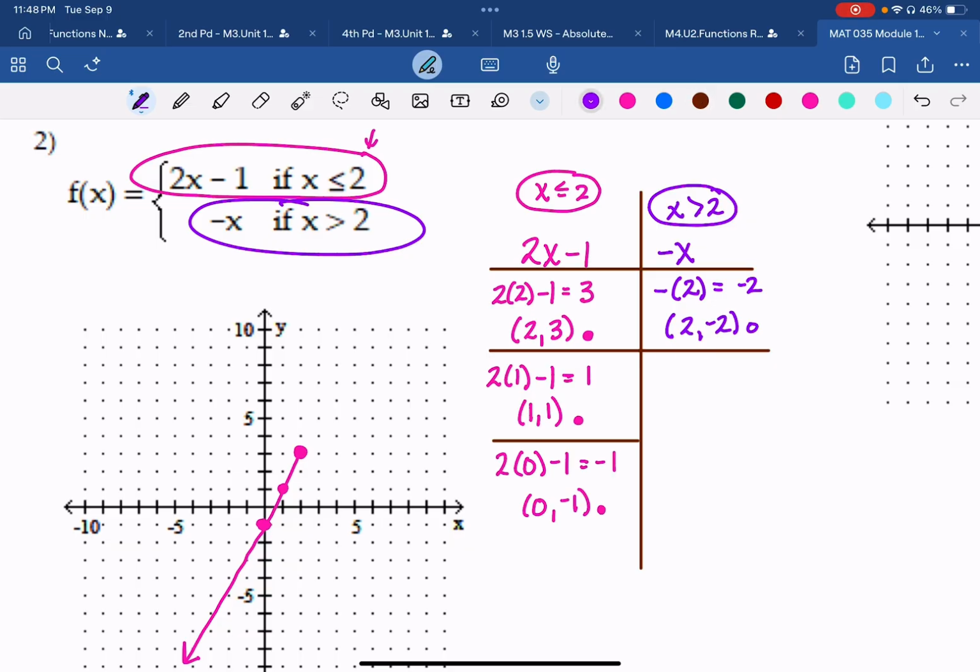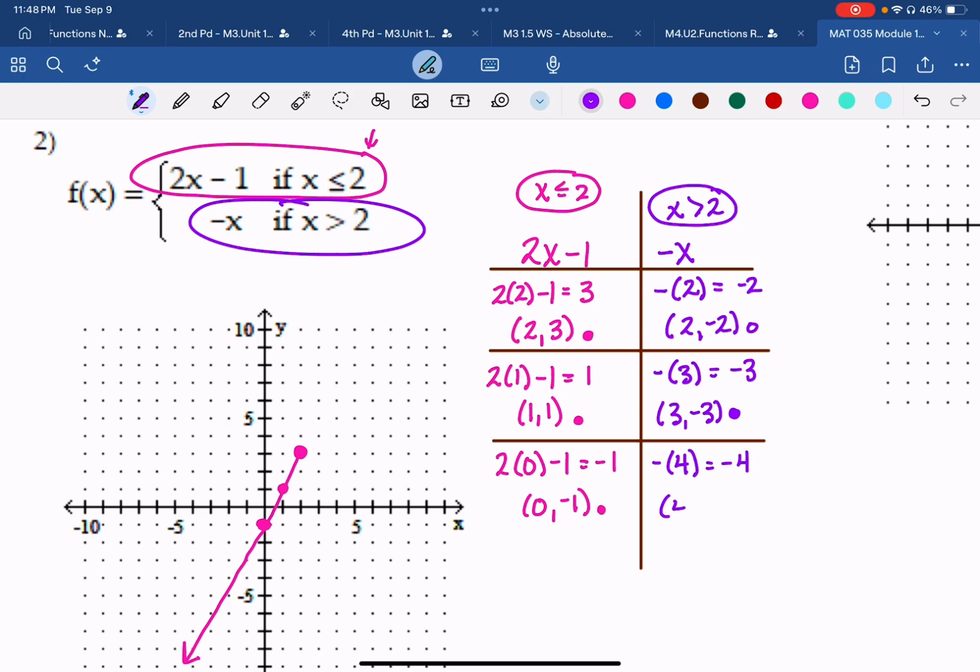I need another number that's bigger than 2, so I'm going to try 3. So that means my ordered pair would be (3, negative 3). That's not my starting point, so it's going to be closed since it's just a point on my graph. I'm going to do one more, and I'm going to do 4.